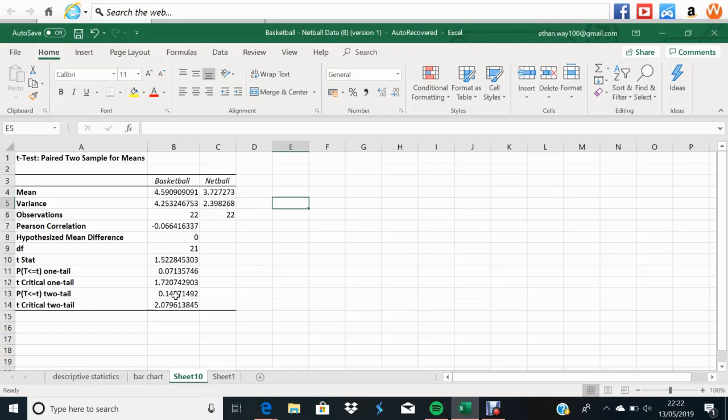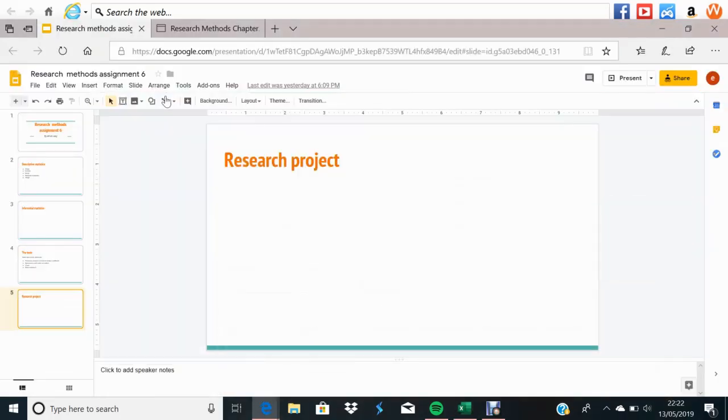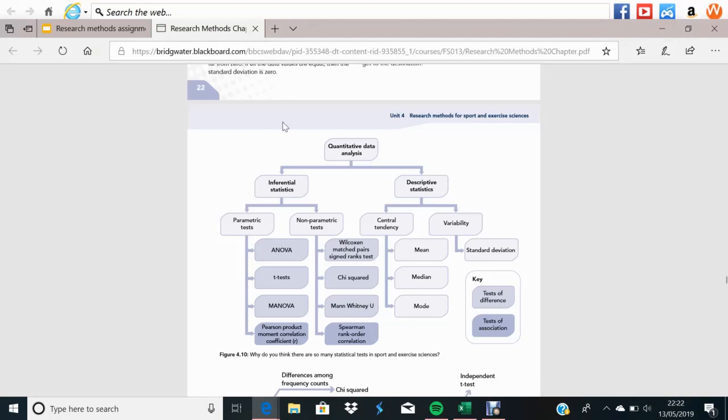So now we're going to look at why we chose the t-test, or which test you would need to choose for different types of data or tests that you're doing. So as we're using inferential data, we begin to go, oh, this is just a diagram that we use to decide what types of tests we need to use for each type of data.